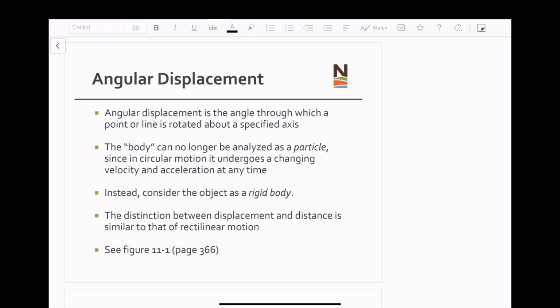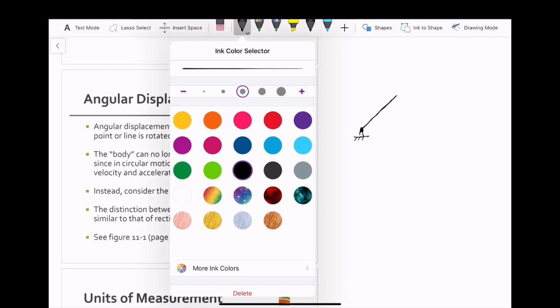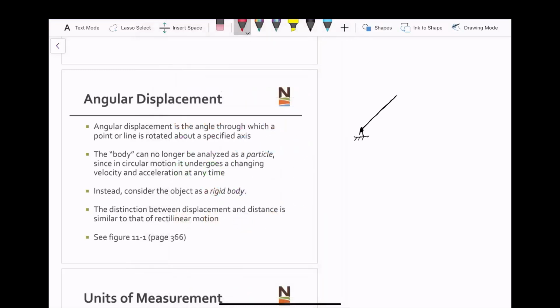Let's take a look at what I mean by analyzing figure 11.1, found on page 366. In this figure, we have a link that is attached to a base, and it's pinned at that base. So we are going to define 2 points on this rigid body.